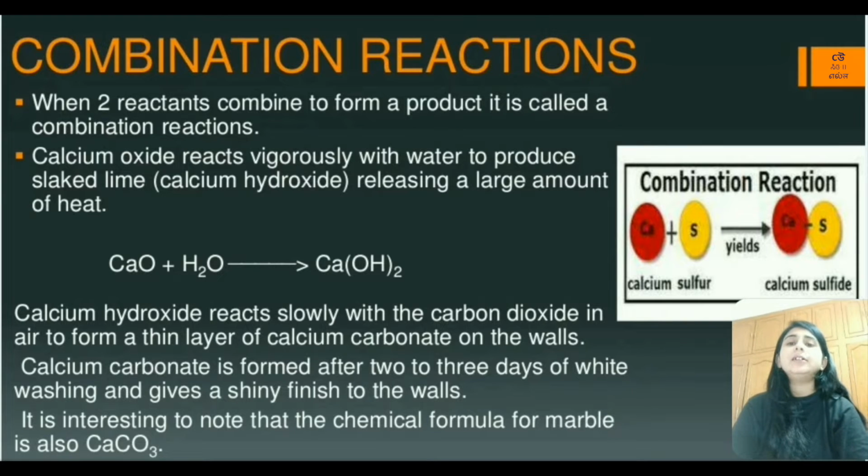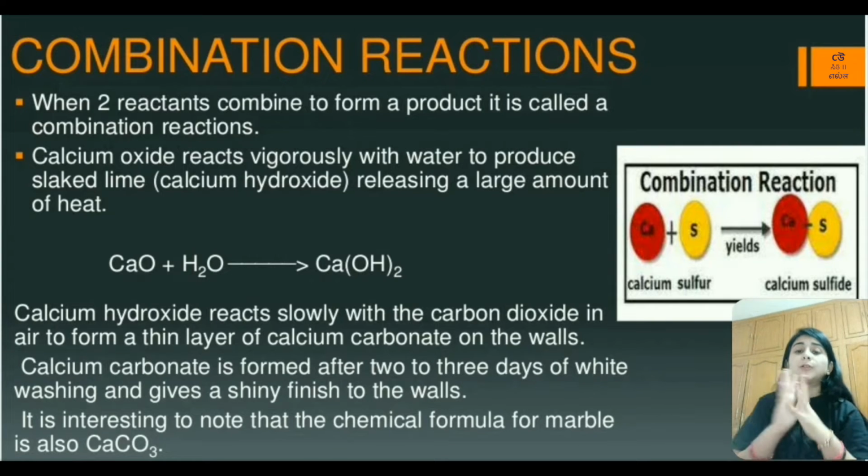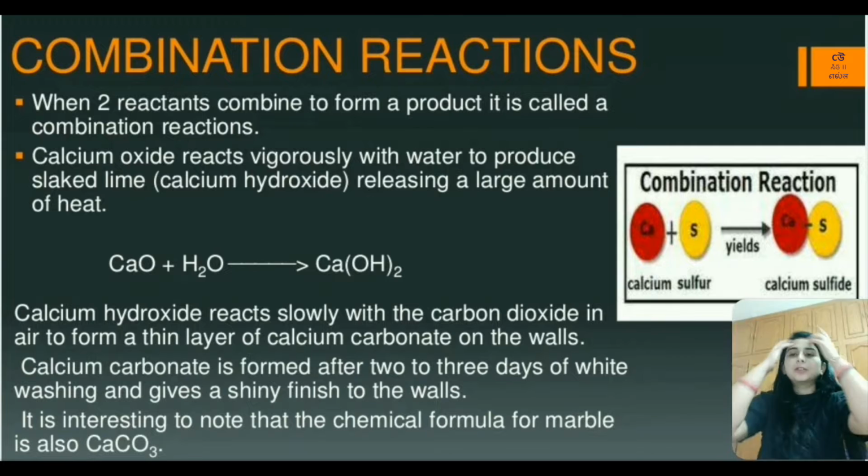Let's start off with the combination reaction. As the name says, combination, where two things are going to combine together. Two things, I mean two reactants, are going to combine together to form a product. So we will say that when two reactants combine to form a product, it is called a combination reaction.